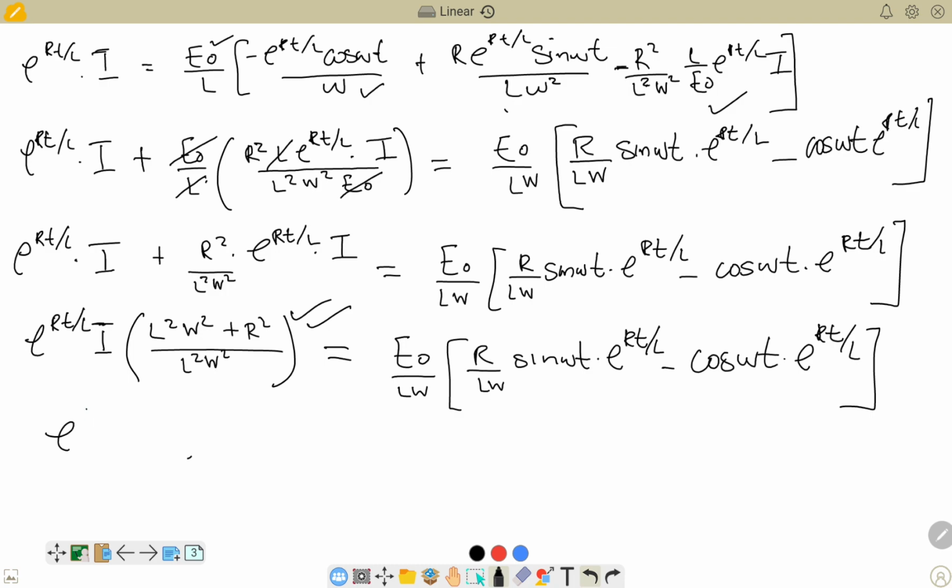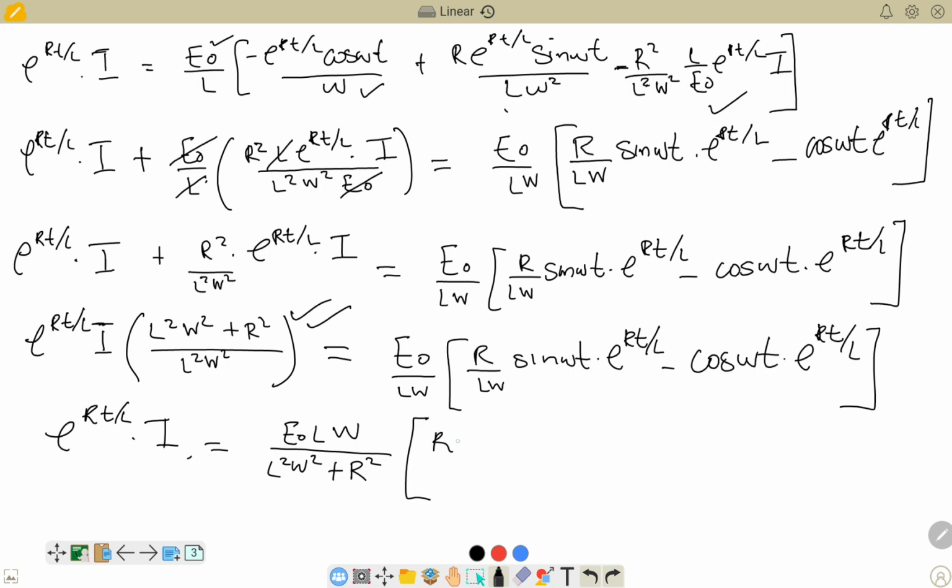So I will have e to the power RT over L times I is equal to, because here we have E naught and LW, so I will have E naught LW over L square W square plus R square, if it goes that side.